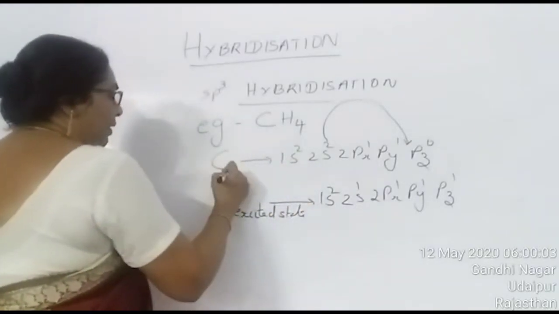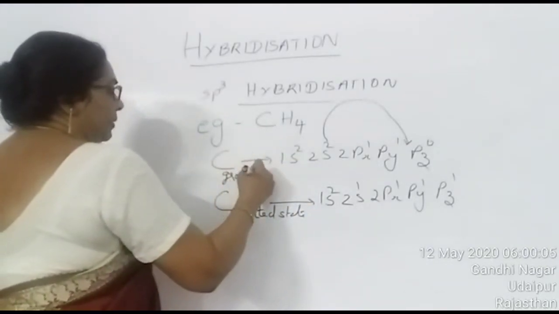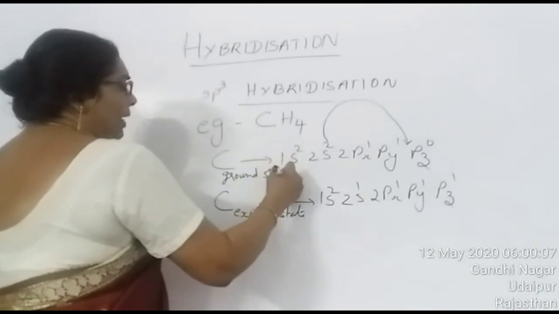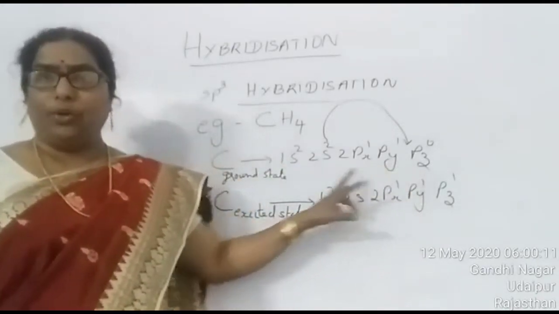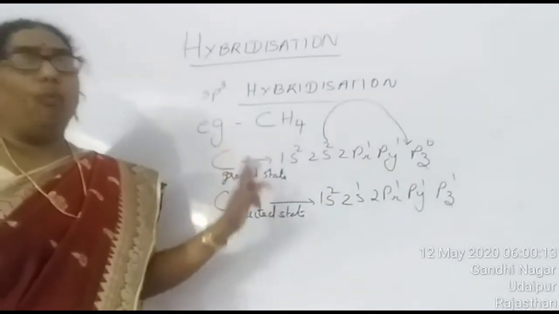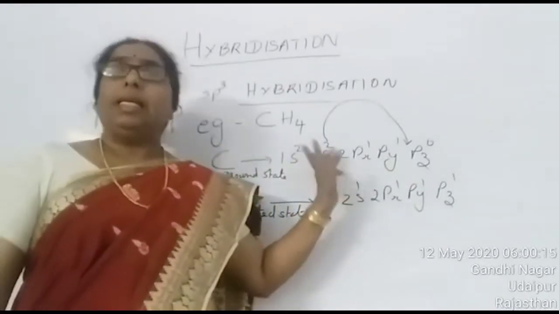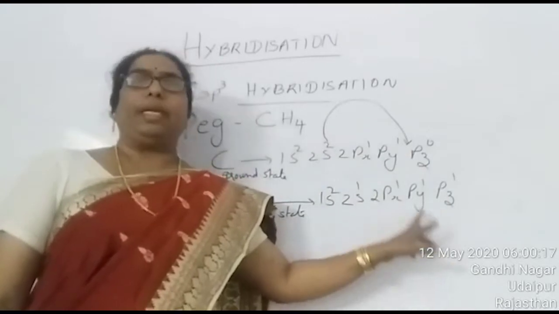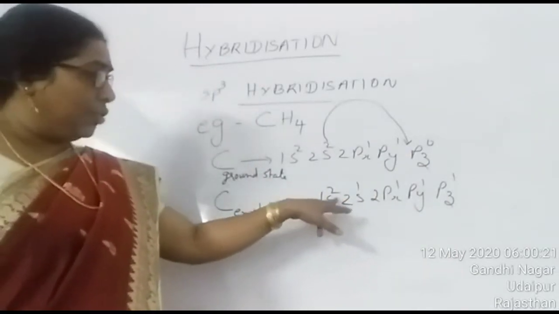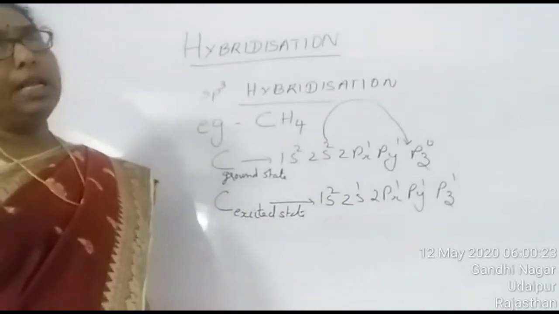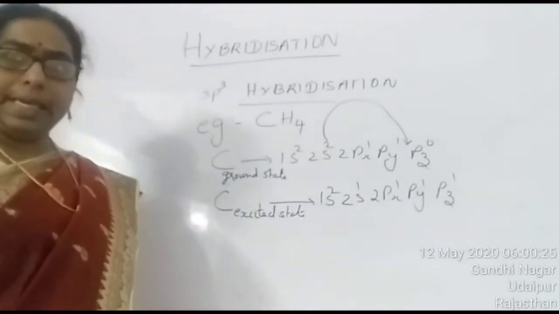The ground state configuration of carbon is 1s2, 2s2, 2px1, 2py1 and 2pz0. In the excited state, one electron from the s orbital gets excited to the pz orbital and it results in the configuration 1s2, 2s1, 2px1, 2py1 and 2pz1.